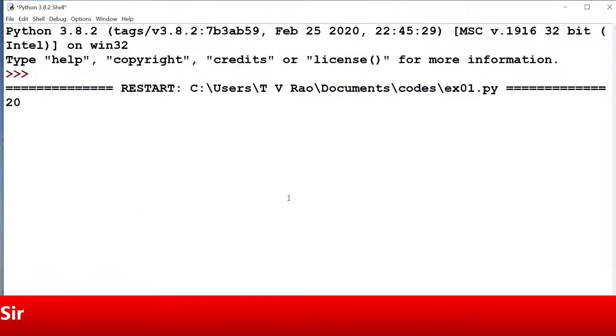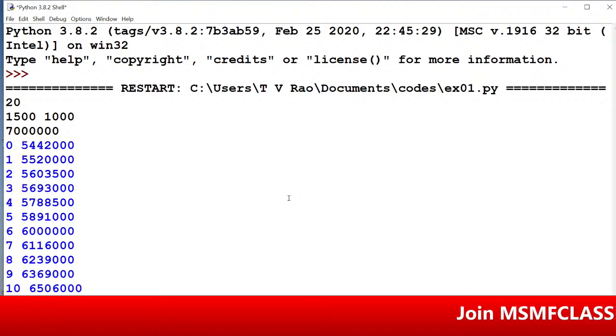Now, 20 rooms, 1500, 1000, 70 lakhs, 700, 7000, 70,000. Okay.